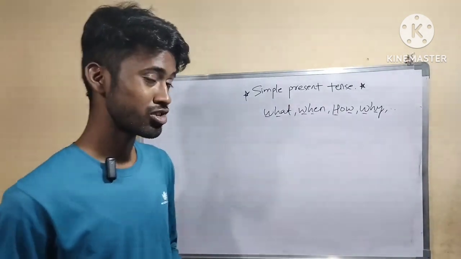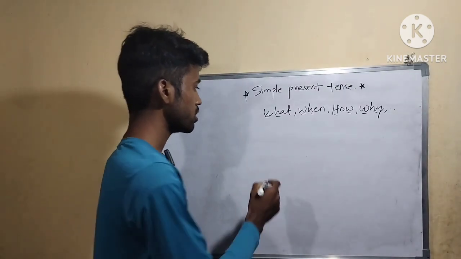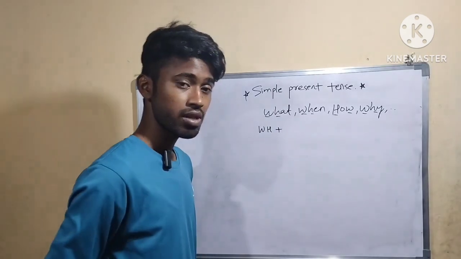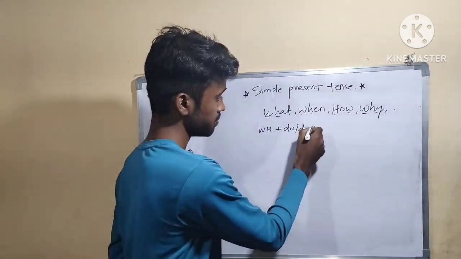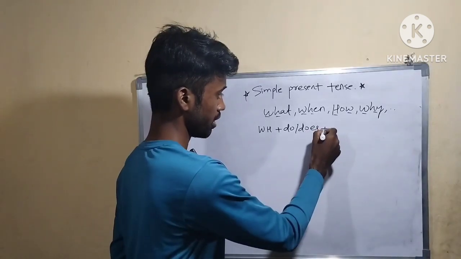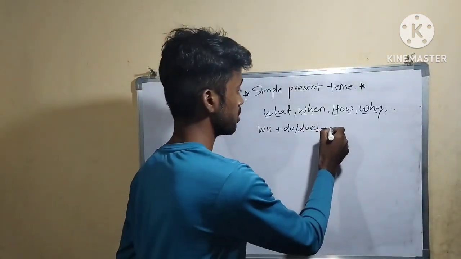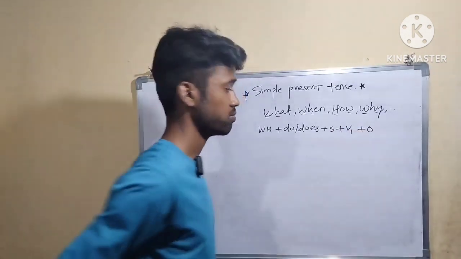Now we will see the structure for WH questions in simple present tense. First we take the WH word. After that, do or does according to the subject, and after that the subject, then the first form of the verb and the object.